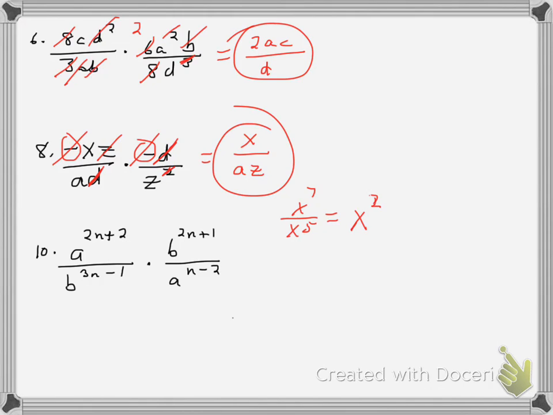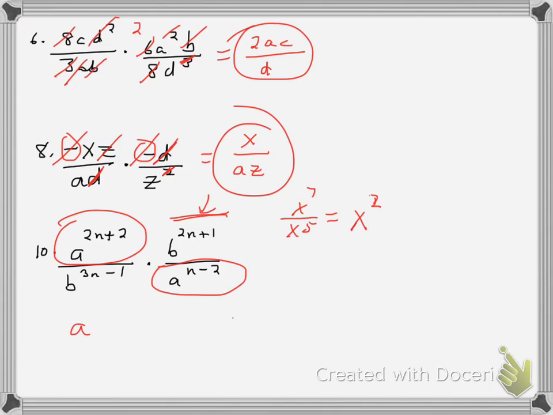I'm going to use that idea now rather than writing out these expressions here and showing you what they mean. Now I'm just going to focus on the idea that we can subtract them. So for my a's here, I'm going to subtract exponents.